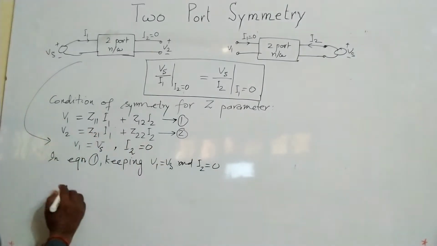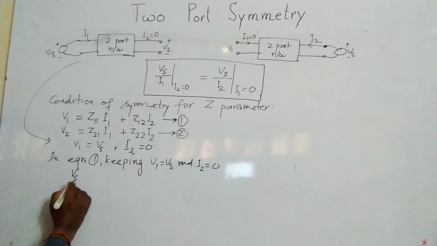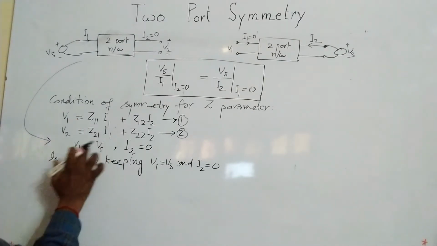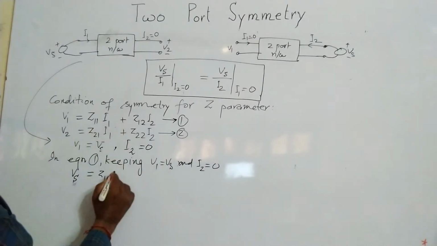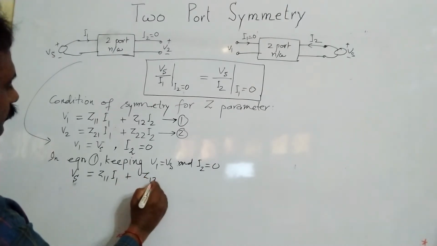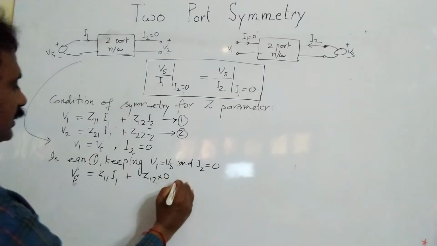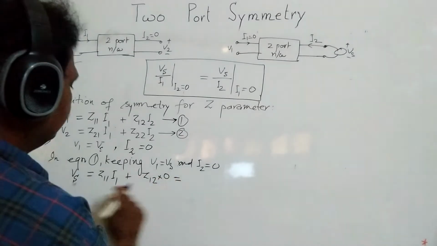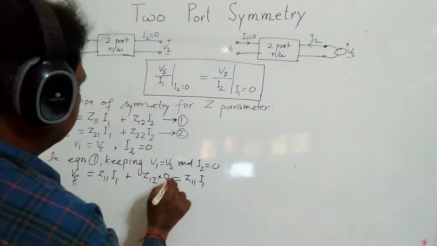Here in place of V1 we have kept Vs, and this is Z11 I1, and this is Z12 and I2 is equal to 0. This becomes Z11 into I1, and this is now 0.